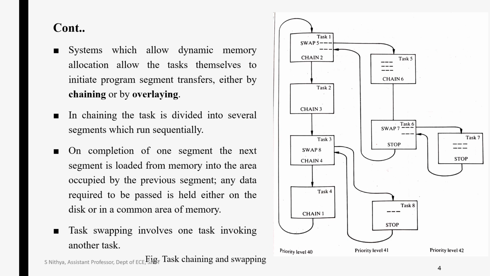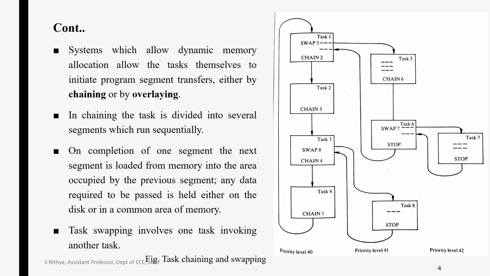Here you can see the task chaining and task swapping diagram. Task 1 points to the next task, task 5, which points to task 6, which points to task 7. Once it is completed, it returns back to task 6, and again returns back to task 1.